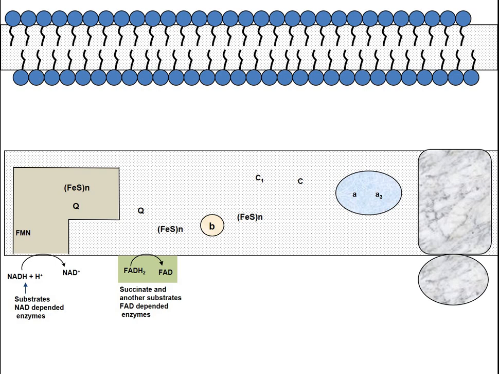Now let's explain how protons move along the respiratory chain. Protons enter from substrates that are oxidized in the mitochondrial matrix to coenzymes, nicotinamide adenine dinucleotide and flavin adenine dinucleotide.